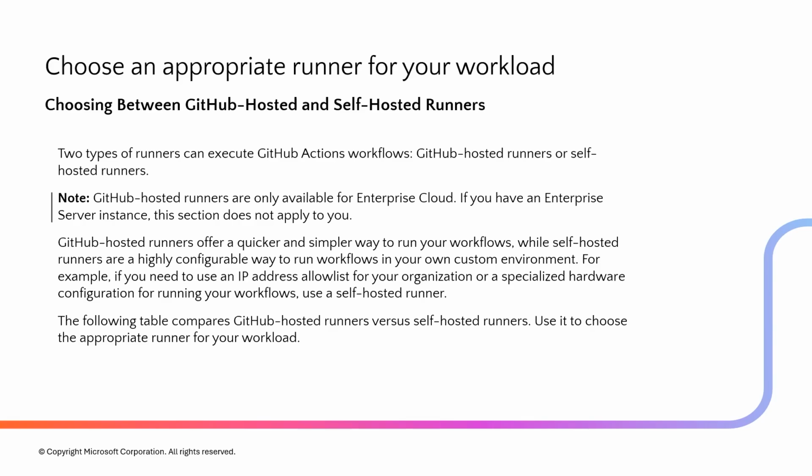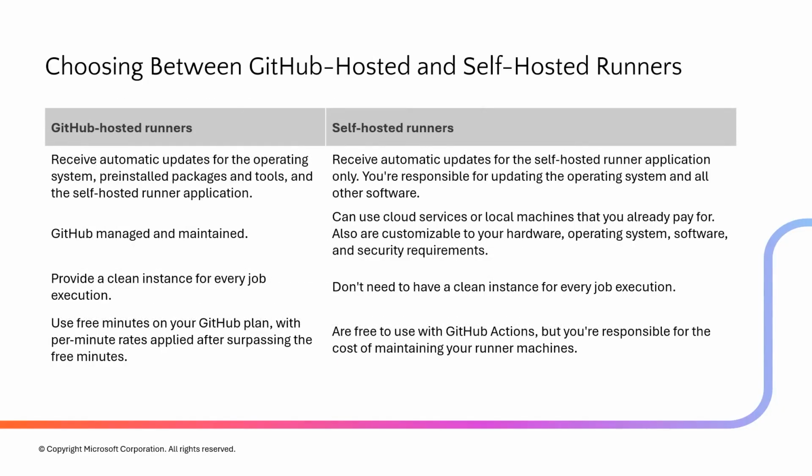Our decision between GitHub runners and self-hosted runners is an important one. GitHub hosted being safer for us to execute code, self-hosted typically having more access to more resources. So in here, we're going to see some of the differences and comparisons that we want to be aware of with our GitHub hosted and self-hosted runners.